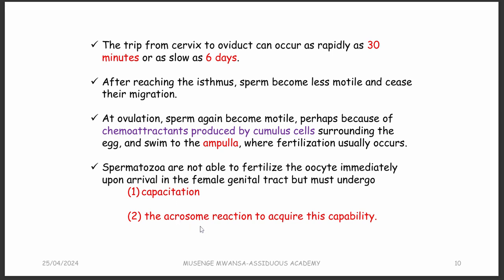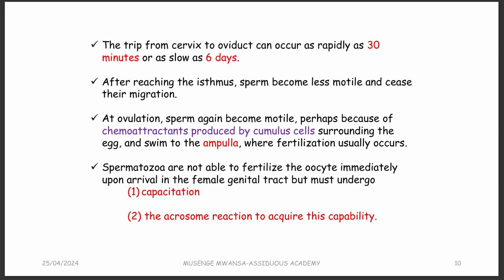Remember, we described this in the previous class: when a sperm is formed in gametogenesis, it is going to be decapacitated. In other words, you cover the head of the sperm so that it doesn't start looking for the egg in the male reproductive system. So you need to give it the capacity to move.